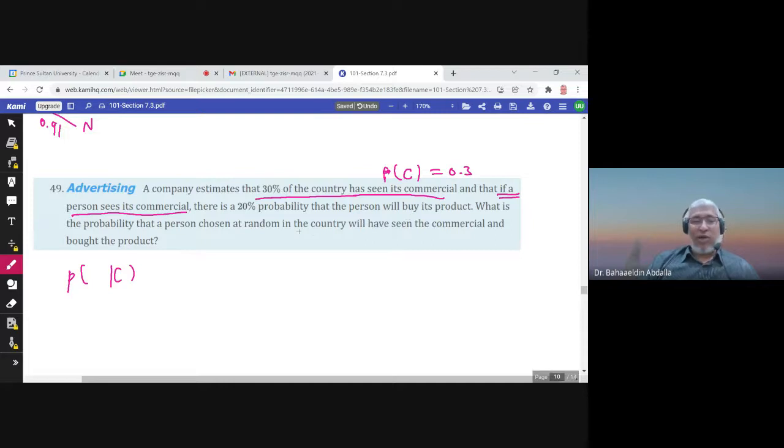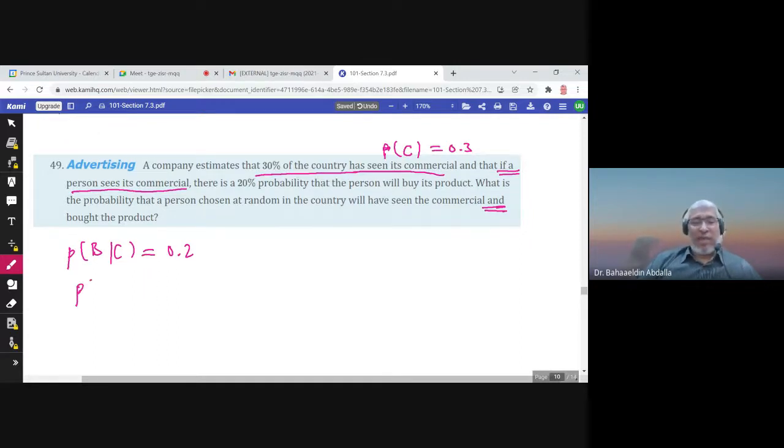So if we call buy B, the probability that he buys the product, given that the person sees the commercial, is 0.2. What is the probability that a person chosen at random in the country will have seen the commercial and bought the product?